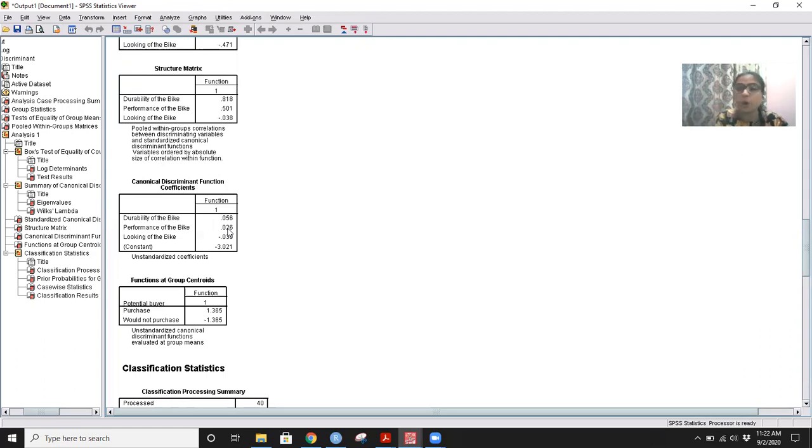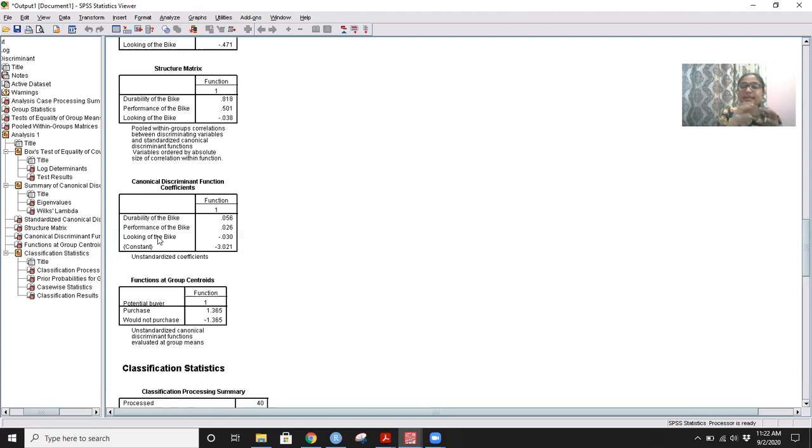Your discriminant function is going to look like this: Di equals the intercept, that is the constant, minus 3.021, plus 0.056 into durability, plus 0.026 into performance, minus 0.03 into looking as an independent variable.